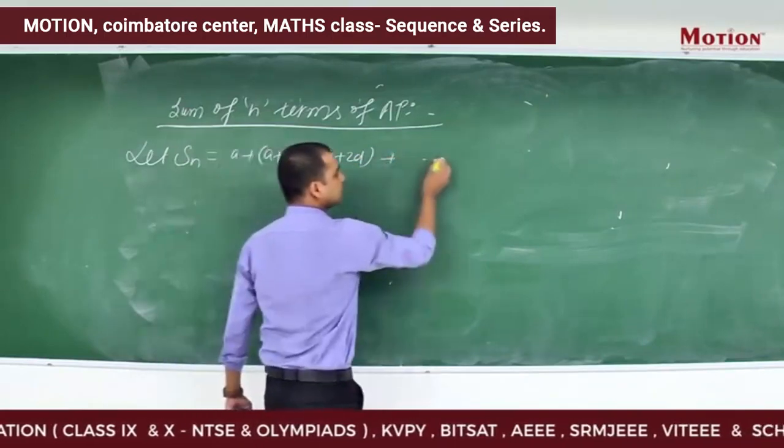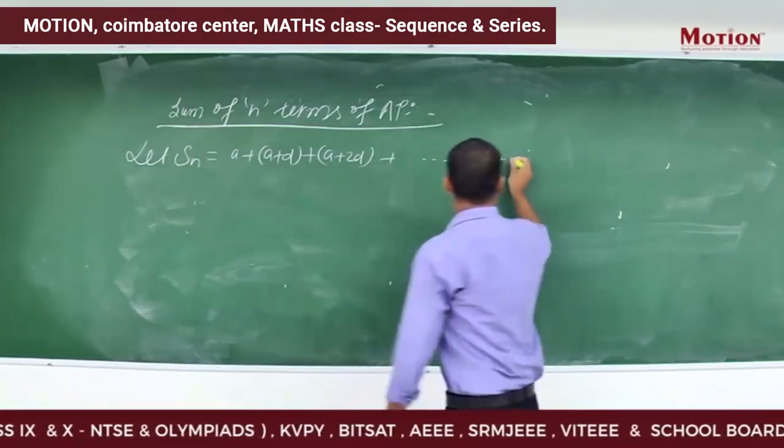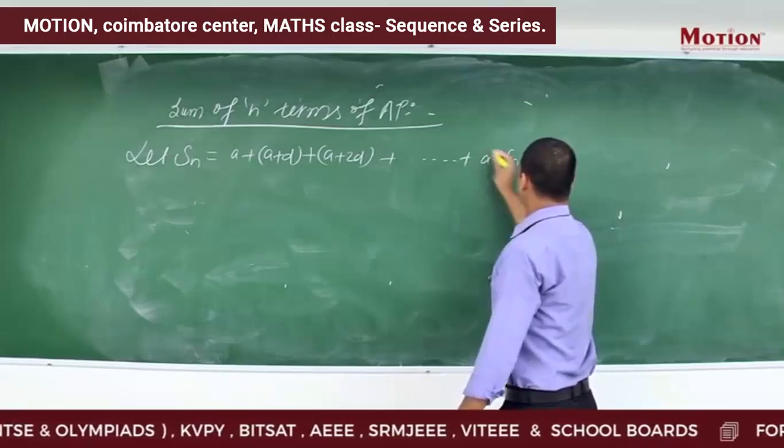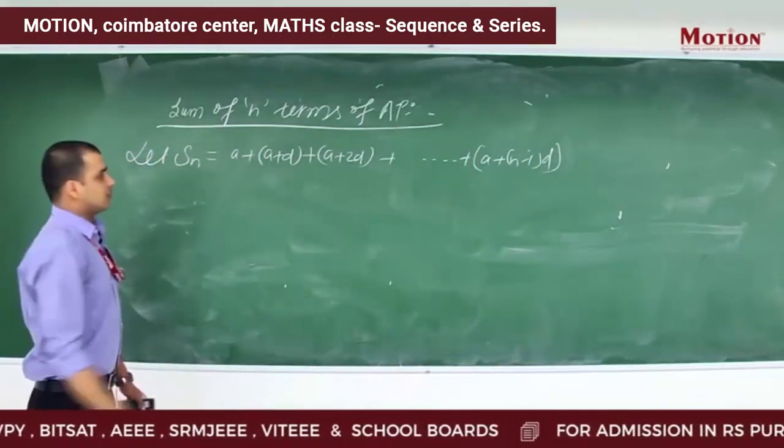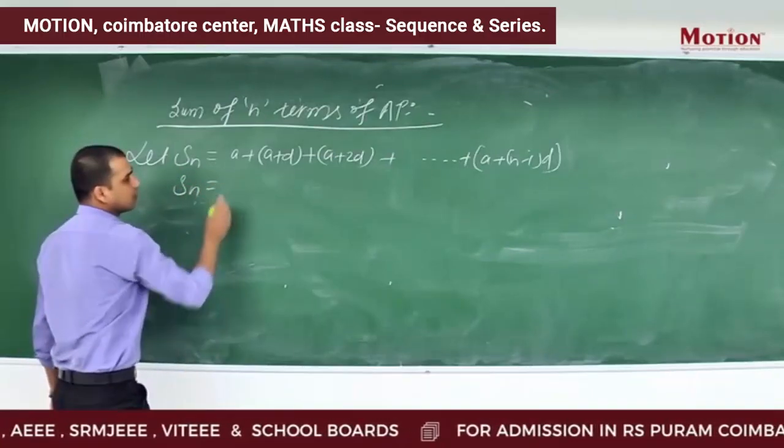In this way, what is the nth term? A plus n minus 1 into D. This is our nth term of AP. Okay, so reverse all the terms and add them. What is the last term?